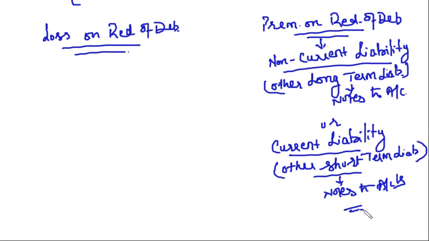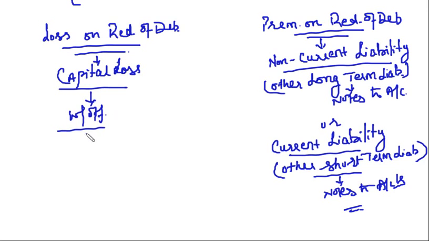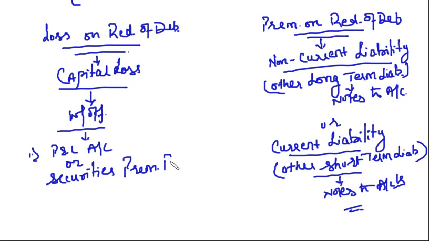Clear? Now, talking of this loss on redemption of debentures, it is our capital loss. Right? So this capital loss is to be written off as early as possible, and this can be written off from profit and loss account or securities premium reserve account. Now remember, talking of securities premium reserve, I told you that there are restrictions on the money that is kept in this account.